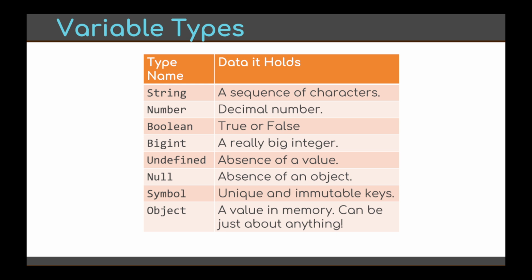And then we have a symbol, which is for unique and immutable keys. Don't worry about it. I'm putting it here for completeness. I want to make sure you at least have the spectrum of things. And then we have an object, and objects are interesting because you can make your own data structures past these primitive types, and we'll talk about that just a little bit in class, not a whole lot. But there's a way to store anything in a box, and that's what objects do for us.